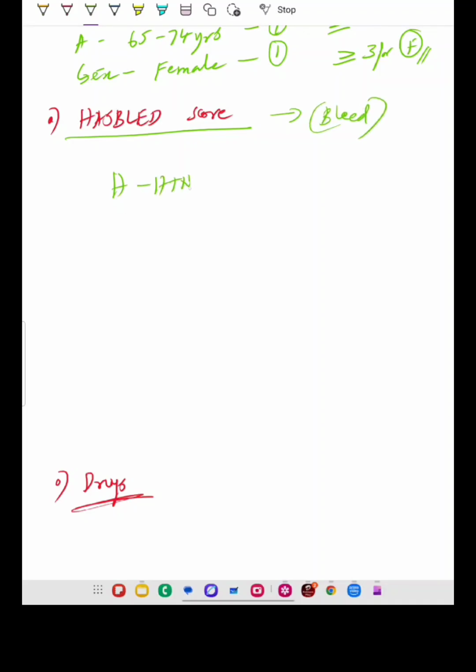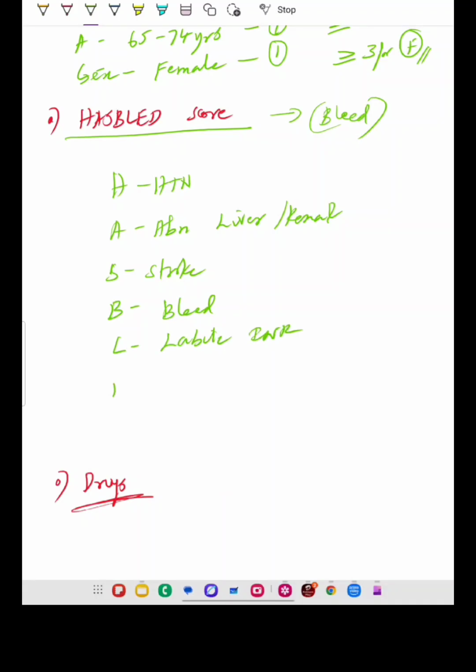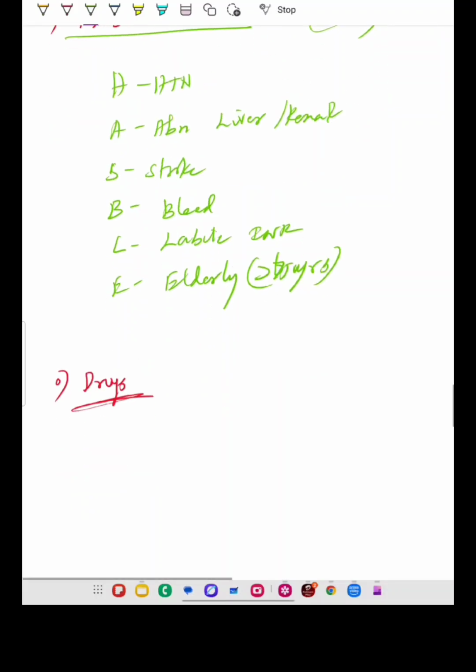So H here stands for hypertension, A stands for abnormal or altered liver or renal parameters, S stands for stroke, B stands for prior bleeding, L stands for labile INR, E stands for elderly, that is more than 65 years of age, and D stands for any drugs that are going to alter bleeding, or alcohol. So that is 1 point for drug and 1 point for alcohol.